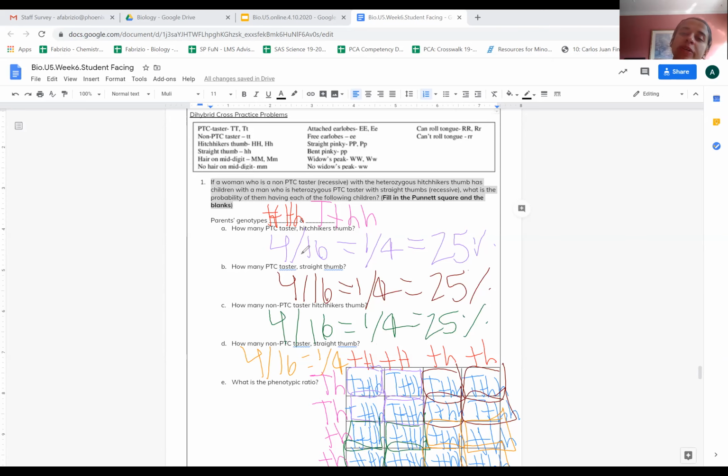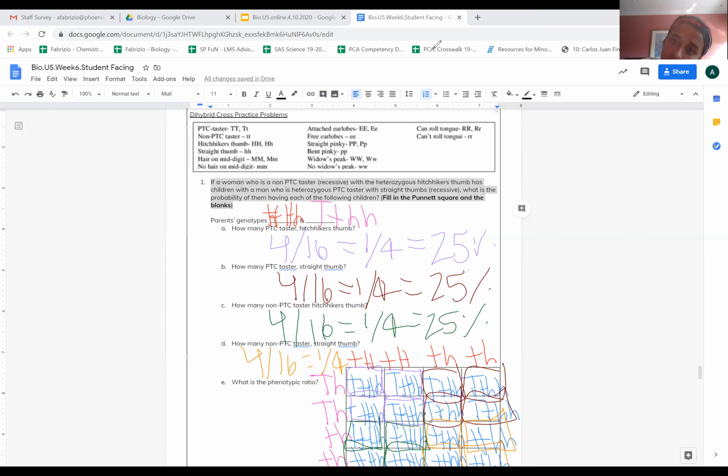And then it's asking us what our phenotypic ratio is. The phenotypic ratio is basically just asking what the ratio of each of the phenotypes that we're seeing is. So you can get this from the answers you just wrote. We have 4 for our first one, 4 second, 4 third, 4 fourth.